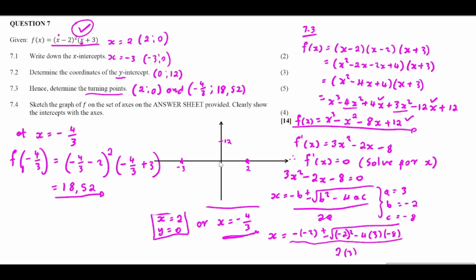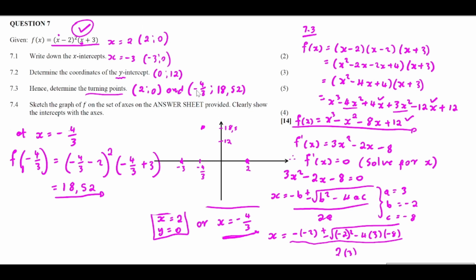On your grid it is going to be according to scale. And then our turning points: negative 4 over 3 goes along with 18,5, so somewhere up here. And then our next turning point is at 2 here. So how does our graph look?